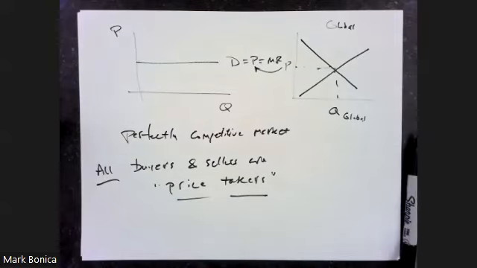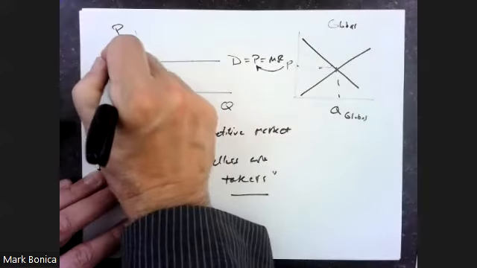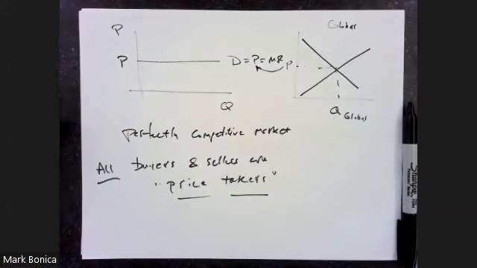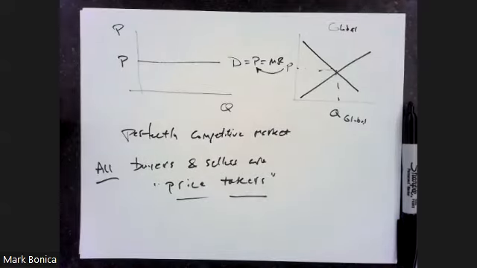So the idea is you, as an individual firm, can sell as much of whatever this is as you want into this marketplace, but you're going to get P per unit. And that P per unit is not determined by anything you do. It's determined by the global market or the larger overall market.